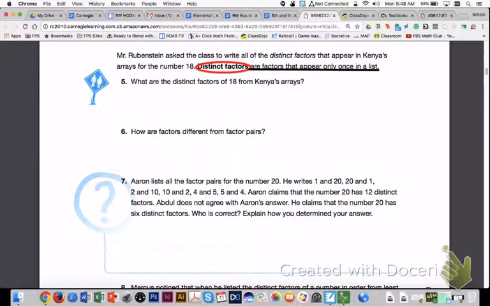Please turn to page 6. Mr. Rubenstein asked the class to write all of the distinct factors that appear in Kenya's arrays for the number 18. Distinct factors are factors that appear only once in a list. Please answer number 5 and number 6 with your group.